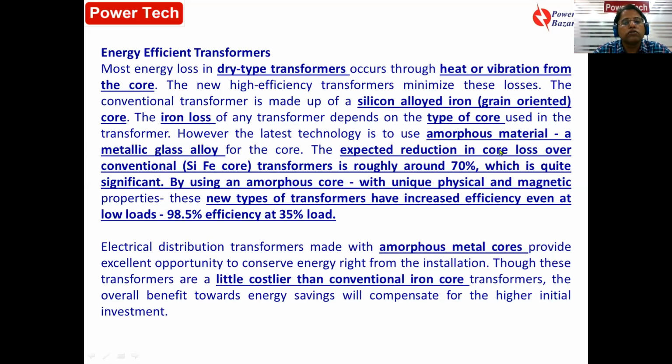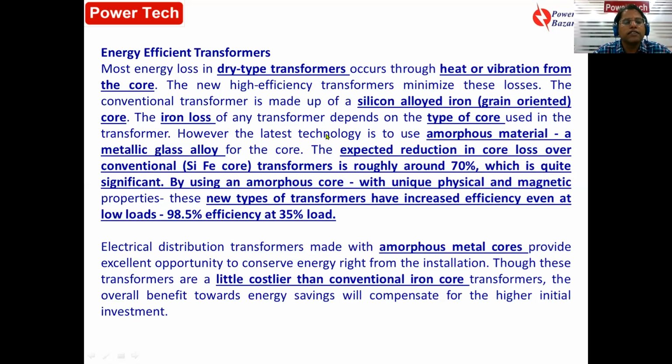The normal conventional core was earlier silicon-based iron, but in the case of metallic glass alloy, the core loss reduces by 70%. But it is a little bit costlier. So depending upon the loading conditions, you can go for this type of amorphous material based transformer, which will result in efficient operations.